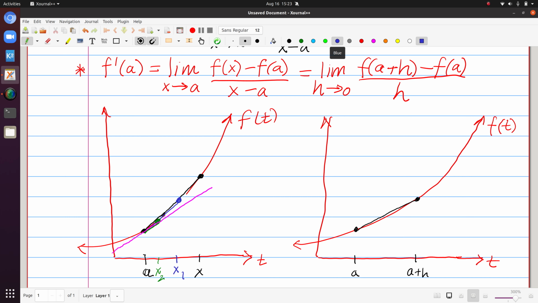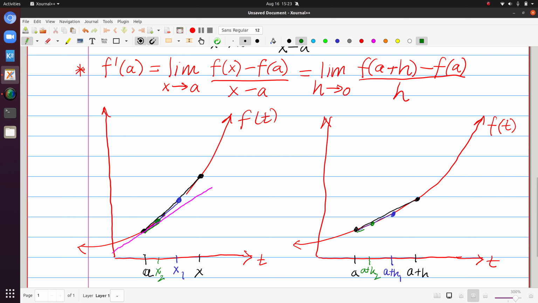We're sending h to 0. But as I do that, that once again brings me, it's called h1, closer to a. And I now have a different right point to look at, and consequently a slightly different slope. And we can once again pick another h value that's even closer to 0, called h2, and continue this process.